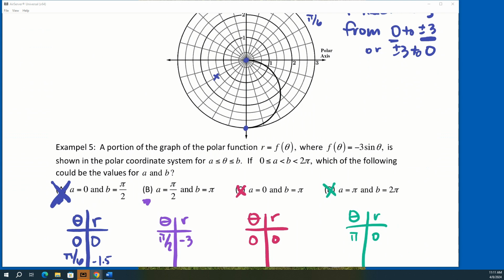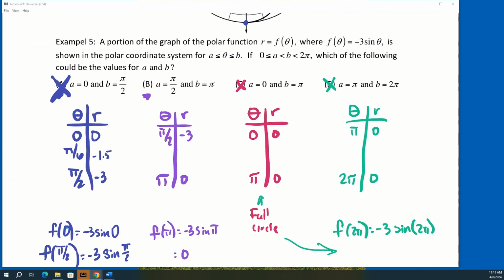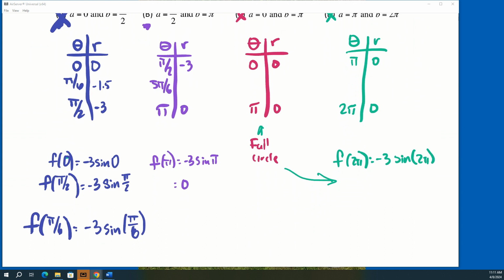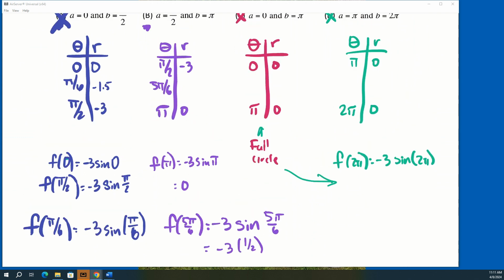So hopefully it's B. Let's just double check by putting in an angle that's between pi over 2 and pi, like 5 pi over 6. Okay, the sine of 5 pi over 6 is 1/2 again. So we're going to get negative 1.5 again.